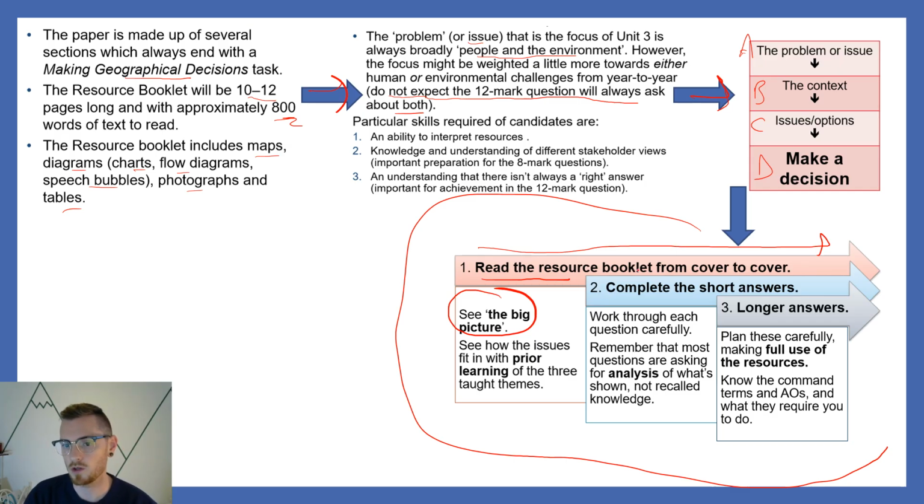Once you've done that, you'll start to work on the shorter answers in section A and B, which are worth 8 marks each, and then building up towards the longer answers. And that's the 2 8 markers in section C and the 16 marker at the end. And look, we need to ensure we are planning carefully and we're fully using the resources provided. And that is how you hit AO3 and AO4 in this paper.